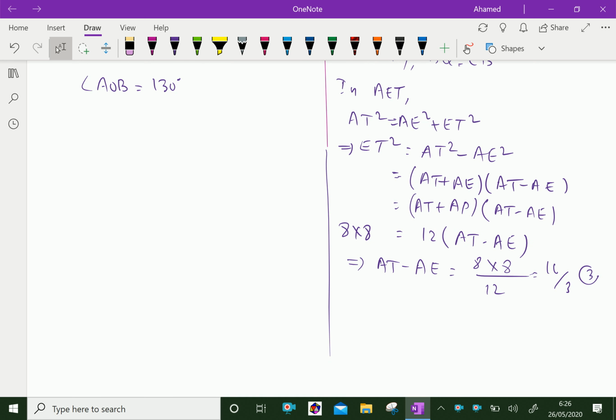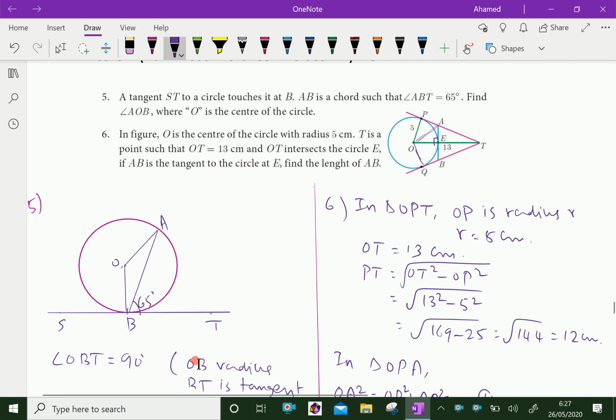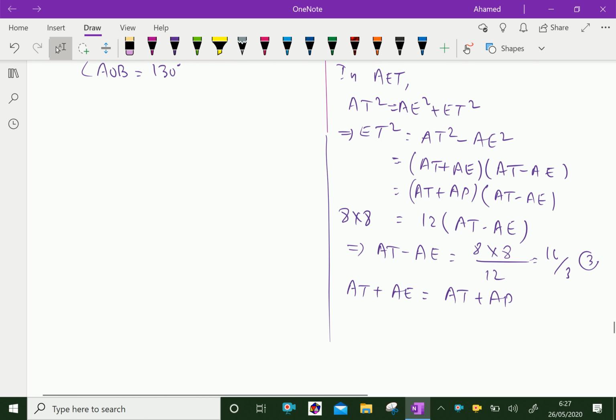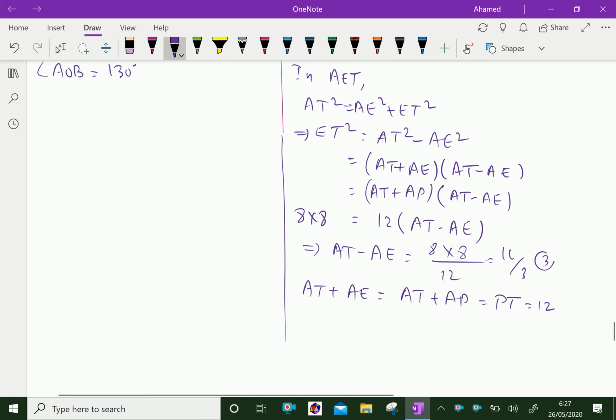Now AT plus AE equals AT plus AP, because AE and AP are equal, which is equal to PT, which is 12. Equation 4.